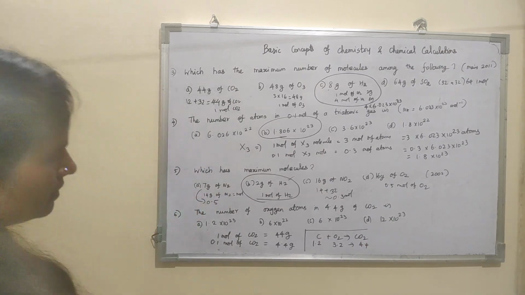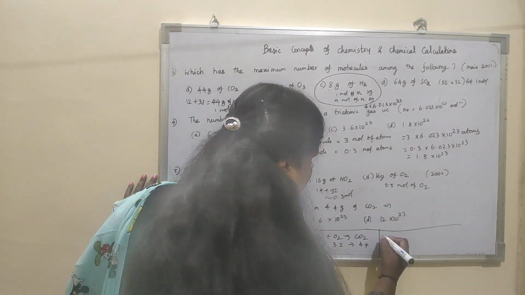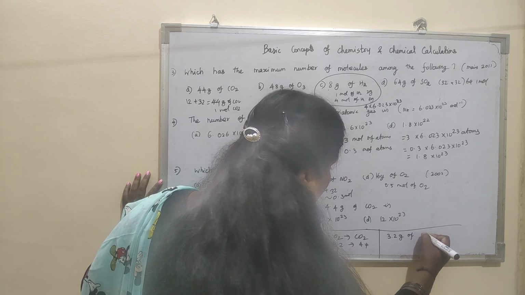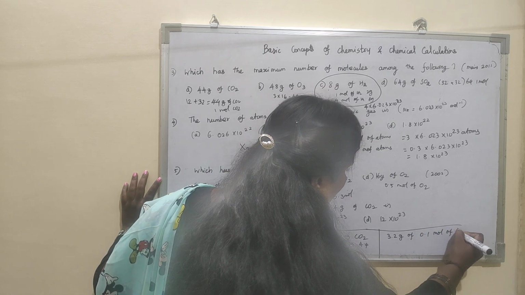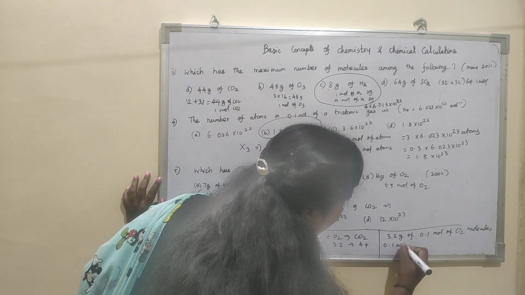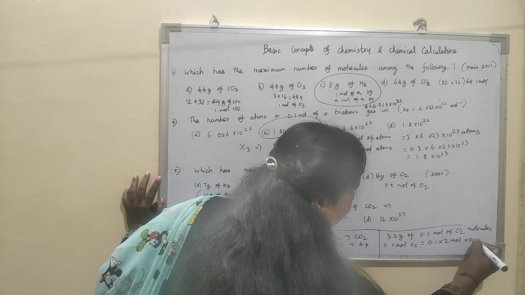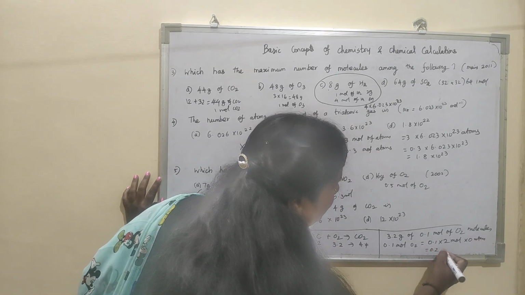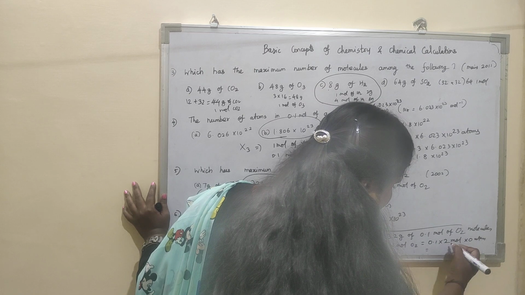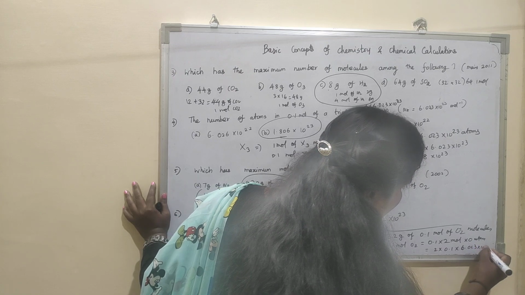They asked how many oxygen atoms. 3.2 gram of this contains 0.1 mole of O2 molecules. 0.1 mole of O2 molecules is 0.1 into 2 moles of oxygen atoms, so it will be 0.2, or 2 into 0.1 into Avogadro number 6.023 into 10 to the power 23.